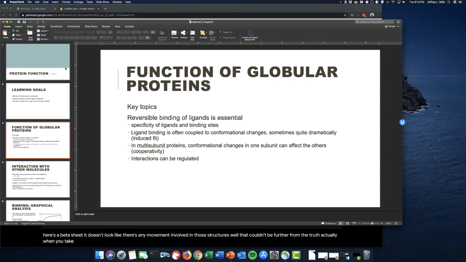When you take a protein and put it into a solution, there are lots of internal motions that are activated while the protein is dissolved in the solution. And this is something that we ignore because honestly it's hard to illustrate.